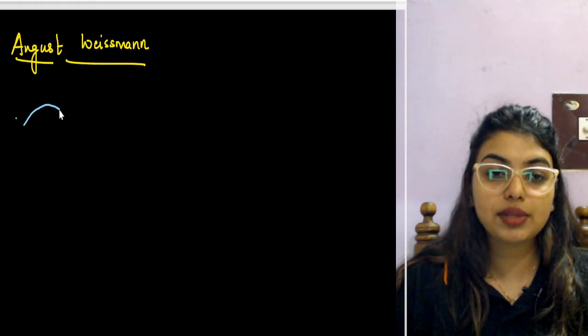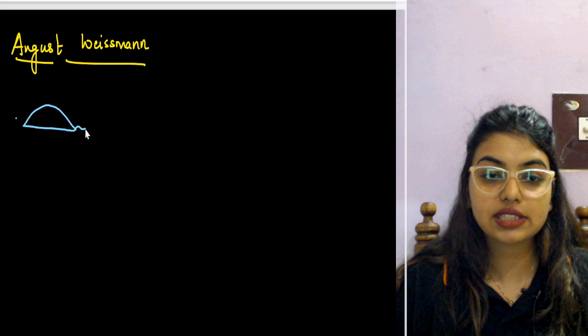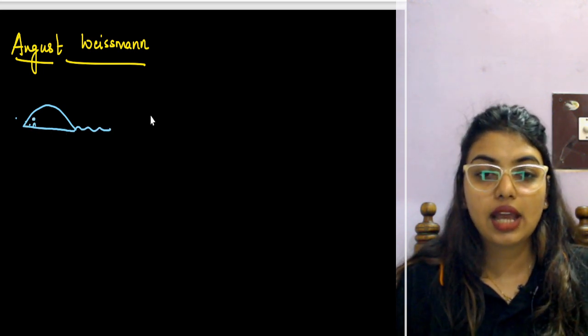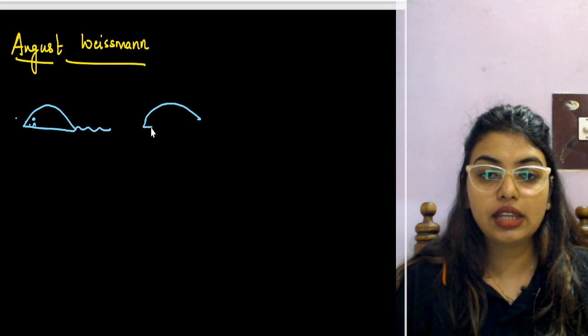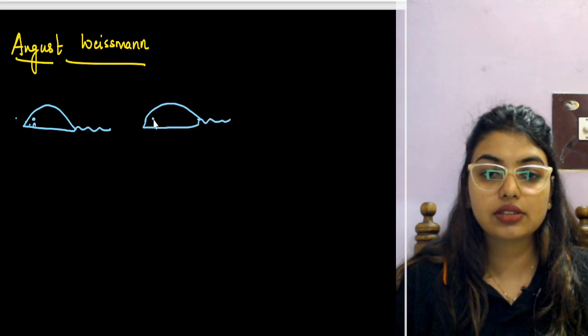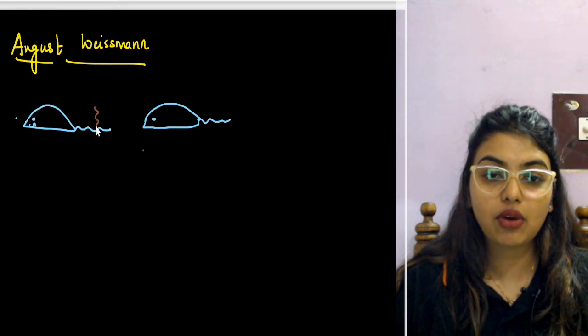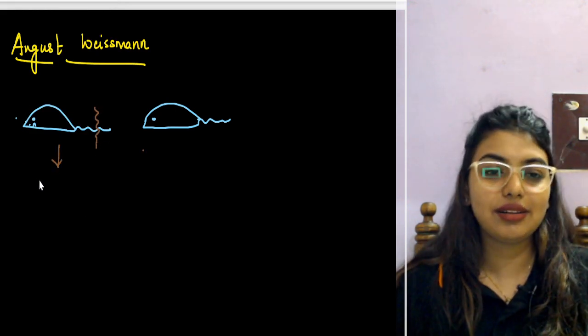So he took, obviously our only person who will be sacrificed every time, a mouse. Okay, this is the mouse. What happened, students? First, he chopped off the tail of this mouse.